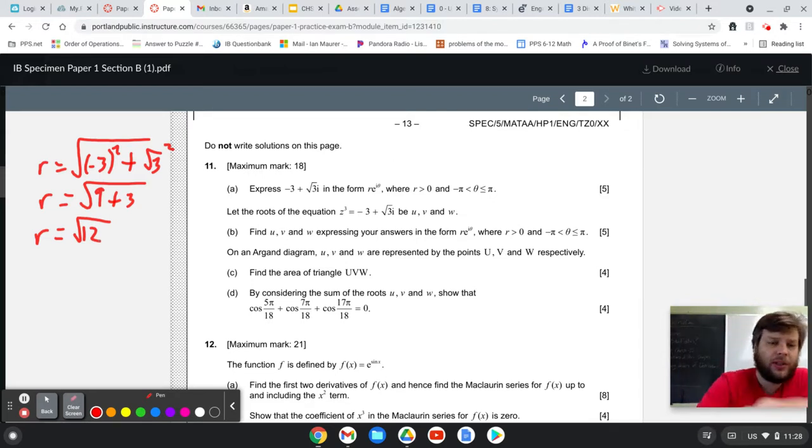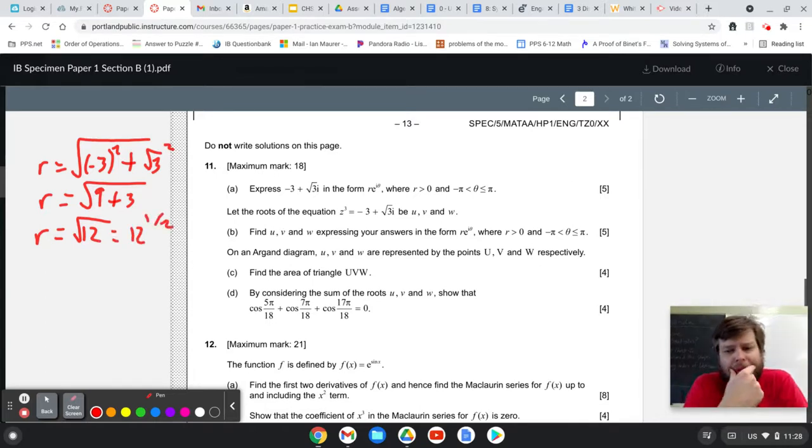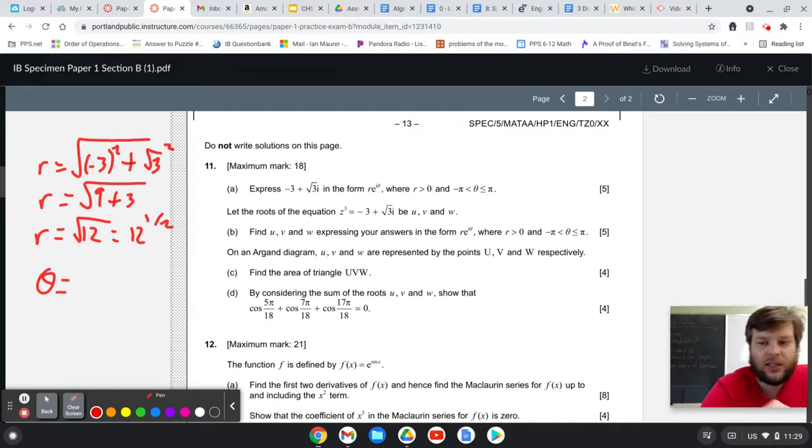You could also use the exponent of a half. You could try also to pull out the 4 to make it 2 root 3 if that makes you happy. The angle can be found by using the inverse tangent of that.